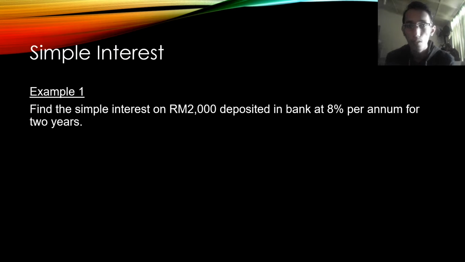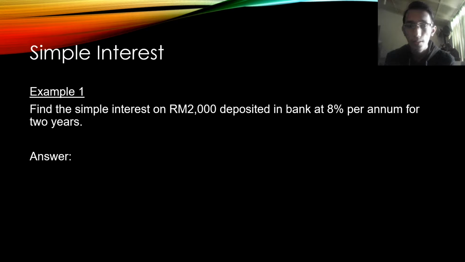Okay, let's move on to the examples of simple interest. For example 1, find the simple interest on 2,000 ringgit deposited in a bank at 8% per annum for 2 years.